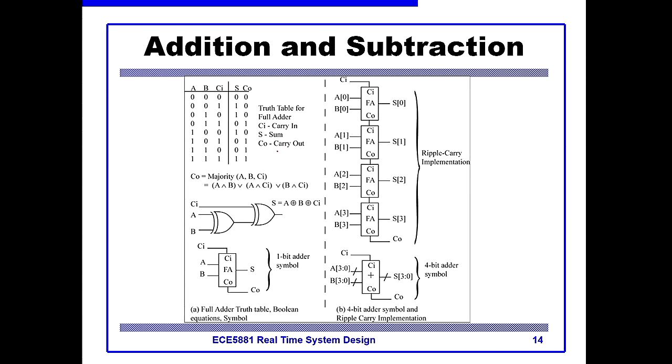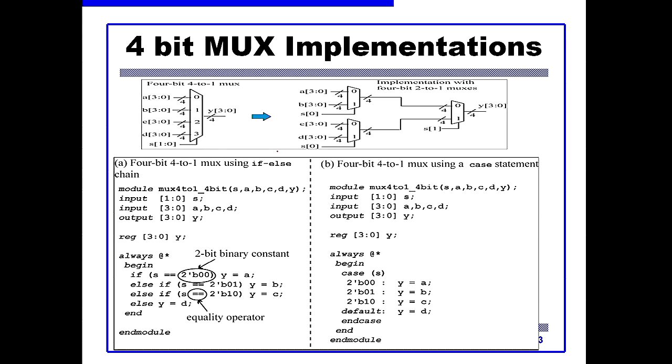All right, so moving on now to addition and subtraction. Just a point I should make is, in these notes they show you different forms of implementing, say, multiplexers and adders and subtractors and so on. What you should be using in practice is the high-level form, which is usually the last possibility.